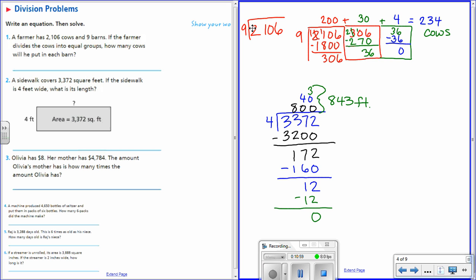Now I'm going to do one more, and that's with the digit by digit, just so you can see them one more time. Olivia has $8. Her mother has $4,784. The amount Olivia's mother has is how many times the amount Olivia has.